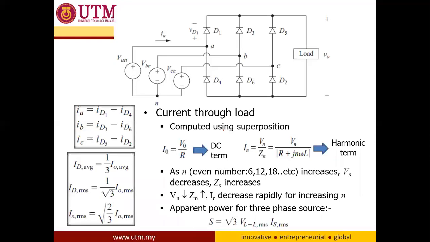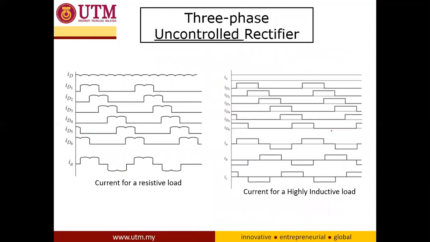And this is when you deal with an inductive load, same as the single phase. If the inductive load's omega L is much larger compared to the resistor, you will have the current be almost a DC current like this one.